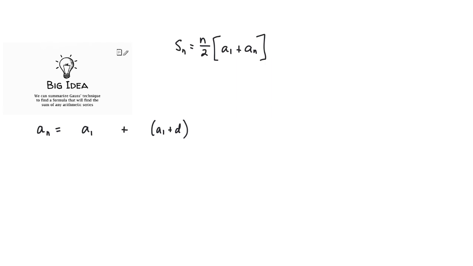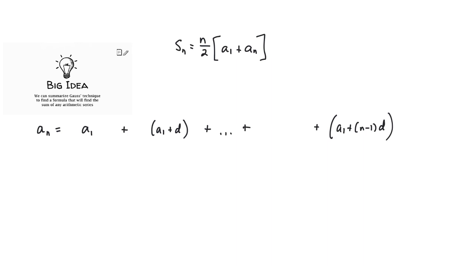Its third term would be a sub 1 plus 2d, and its fourth would be plus 3d. What I could do is I could say that its very last term, its nth term, would be, according to the explicit formula for an arithmetic series, a sub 1 plus n minus 1 times d.